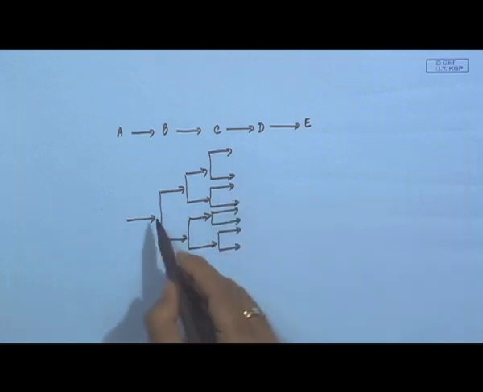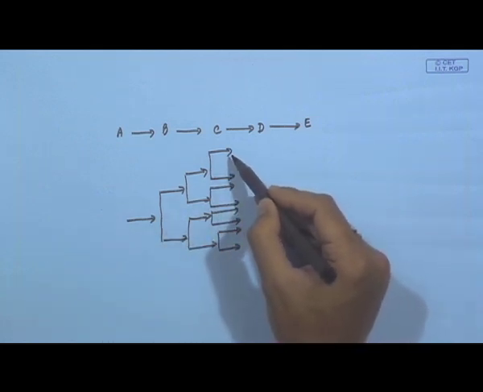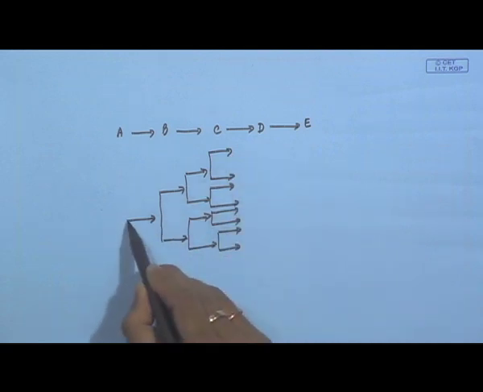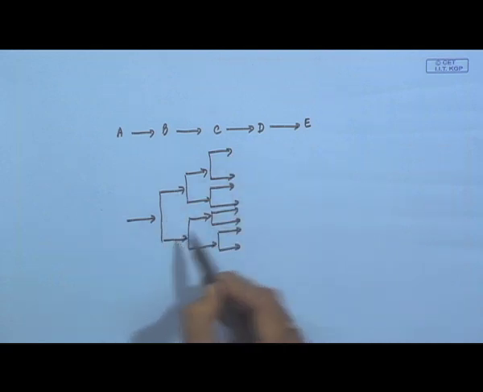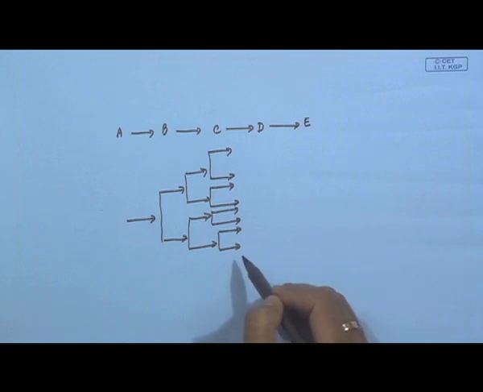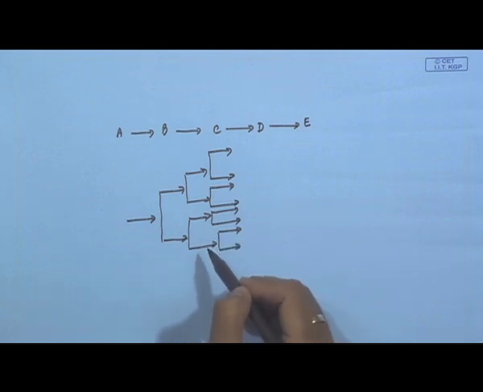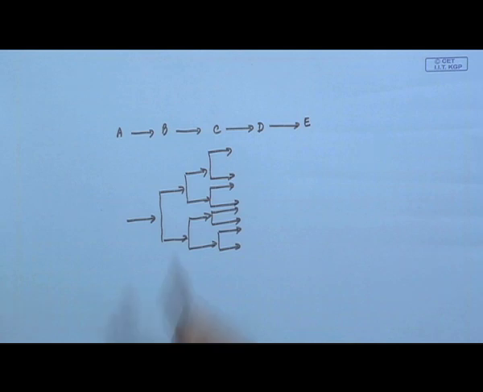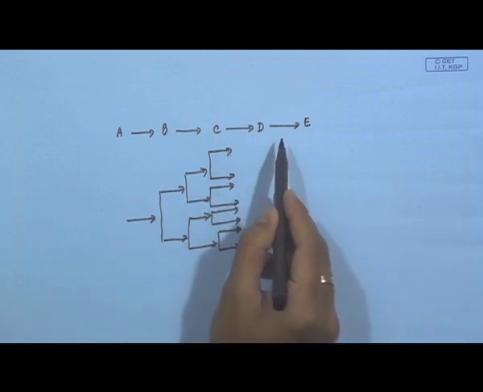Initially, if you start from here, only 2 steps, here it is 1, 2, 3, 4, 5, 6, 7, 8. So, it increases enormously. This type of situation is called the branching of chain. So, the chain is branched, but this one is a straight chain reaction.